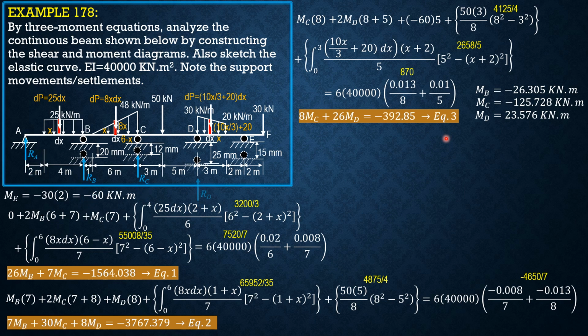So RA, RB, RC, RD, and RE. For moments, 26.305 for MB, 125.728 negative, so that's the direction.